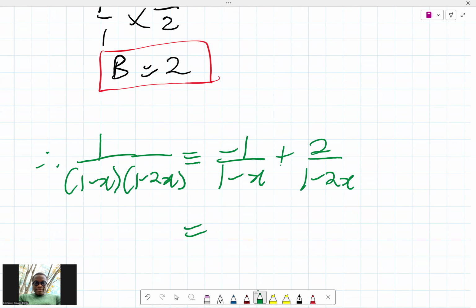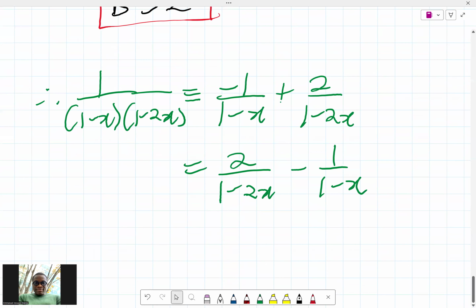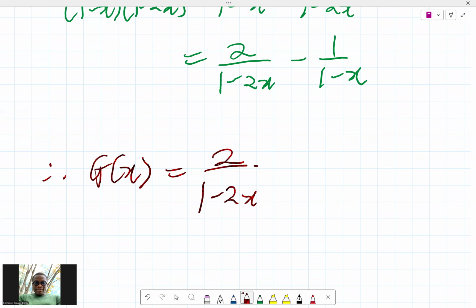Of course, we can rewrite that to make sure we don't have minus first. So 2 all over 1 minus 2X minus 1 over 1 minus X. So that is it. Therefore, G of X is equal to 2 all over 1 minus 2X, okay, minus 1 over 1 minus X.